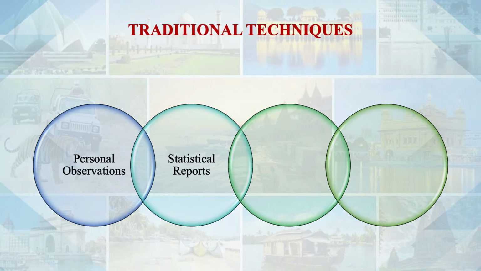Therefore, the next method which was developed is the usage of statistical reports. In this case, the organization ensures that as much data as possible is made available to the person who is responsible for control, and the person tries to process that data into more meaningful information by using appropriate statistical methods.